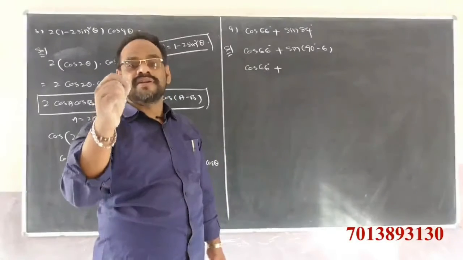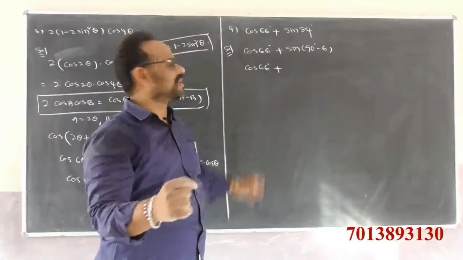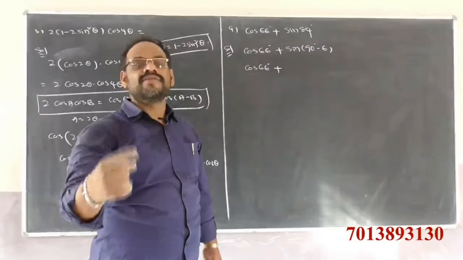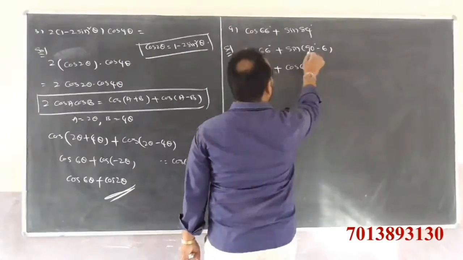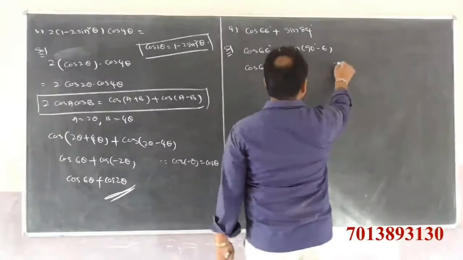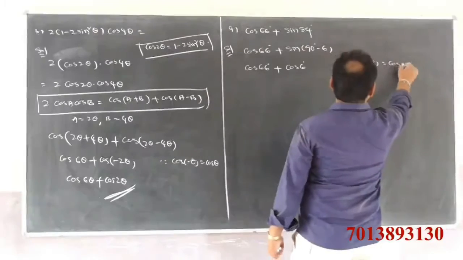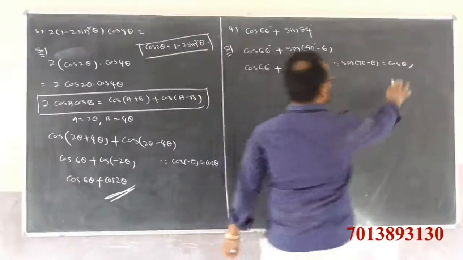Clearly first quadrant. In the first quadrant, all the trigonometric ratios are positive, so plus. Since 90 is there, the sin ratio is not converted... sin ratio converted into cos ratio. So sin (90 minus theta) is equal to cos theta.